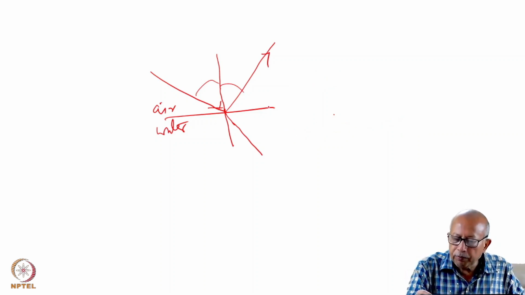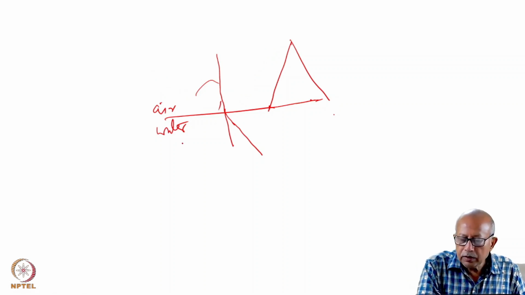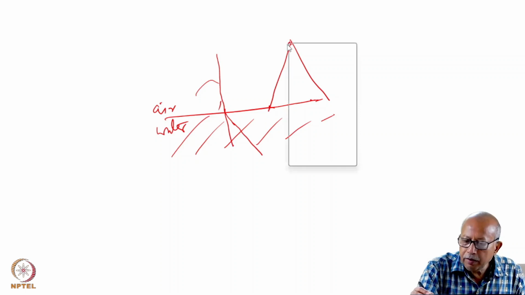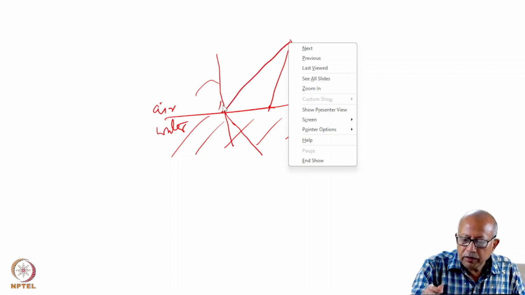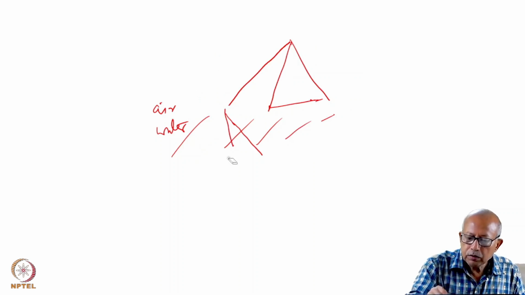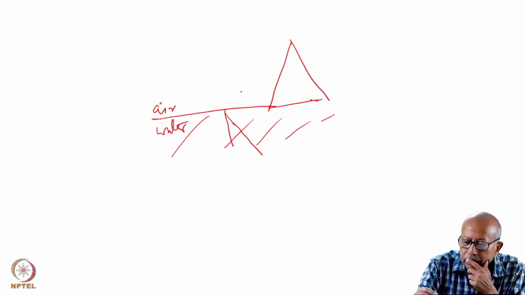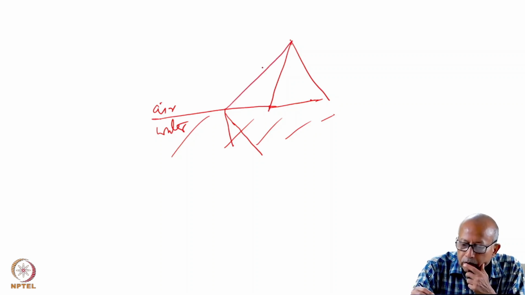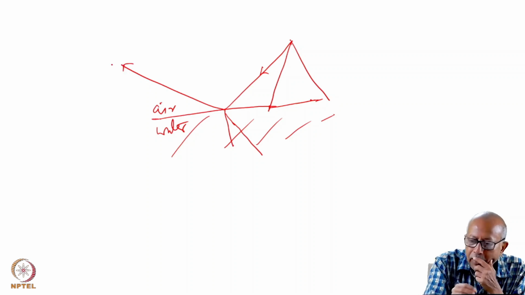Suppose this is our pyramid, and this is the water surface. So the light ray from the sunlit pyramid actually will be reflected from the water surface and reach our eye.